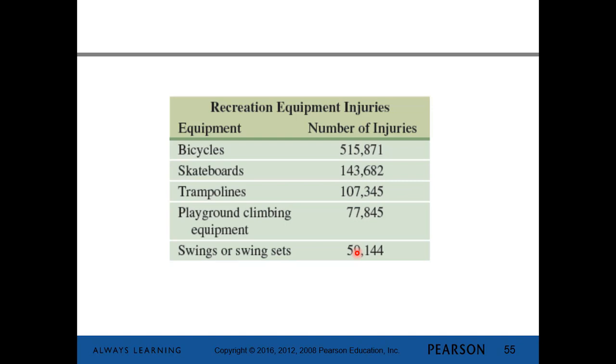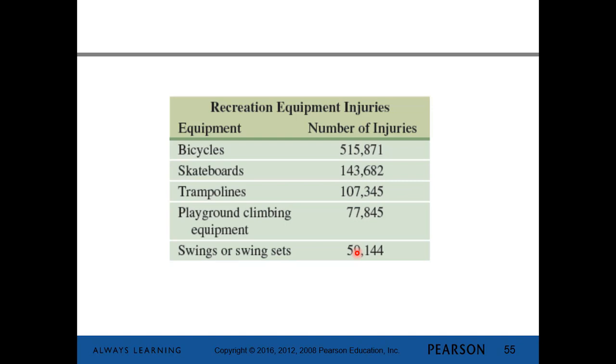Whenever we're given data, this is called the empirical definition of probability, and it's very similar to the classical. It's the number of trials that give you a particular outcome divided by the total number of trials. In this case, the trial is each individual injury, so the number of injuries.